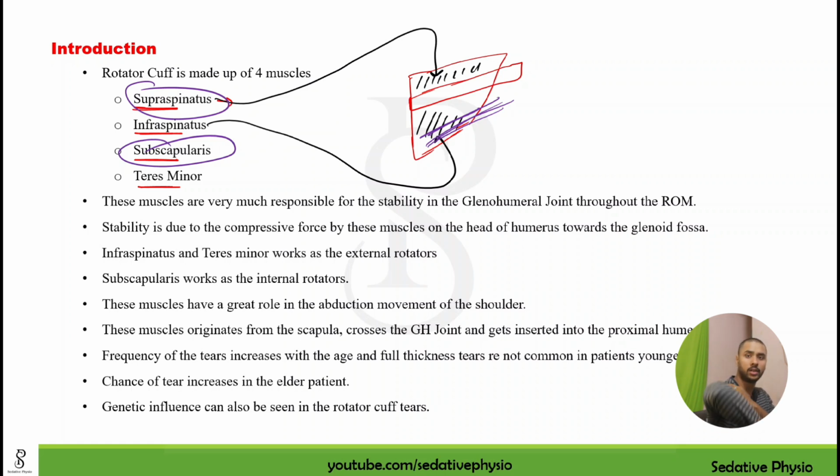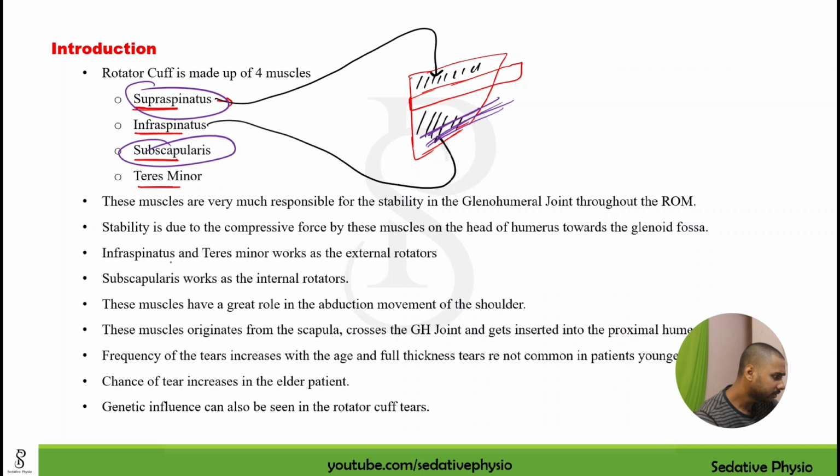That is giving a rotatory component, right? So the deltoid is giving the translatory component, and the supraspinatus is giving the rotatory component. These two muscles are responsible for the movement. At the same time, the infraspinatus, the subscapularis, and the teres minor are responsible for the stabilization during this movement. So that's why all these muscles are interrelated for their function and for the stability of the shoulder joint, right?